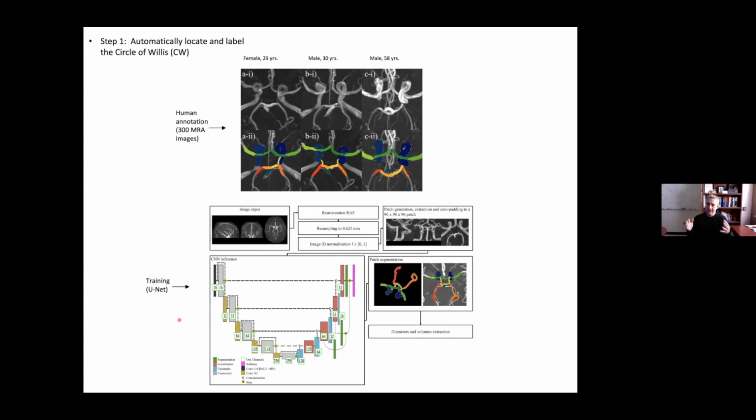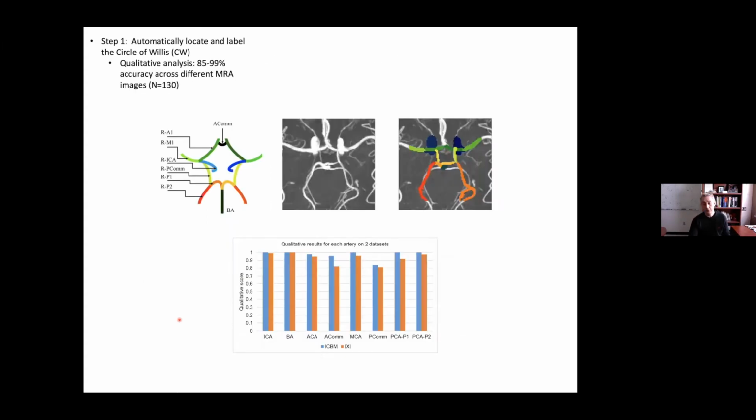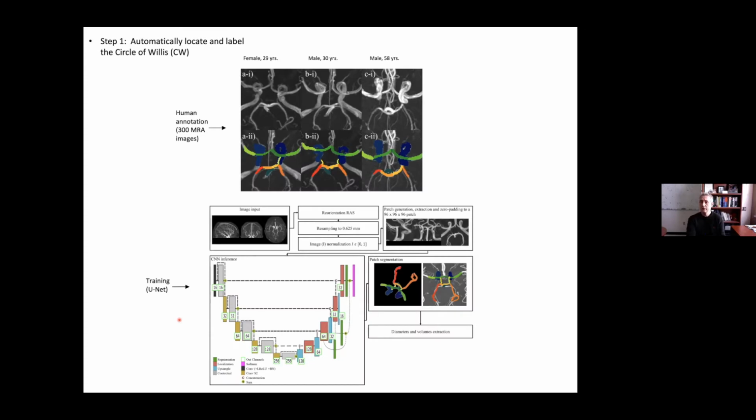And this is exactly what artificial intelligence is really good at, replicating what a human can do, but just doing it much faster. So we took all these annotated images, roughly about 300 of them, and we fed them into a basic neural net.